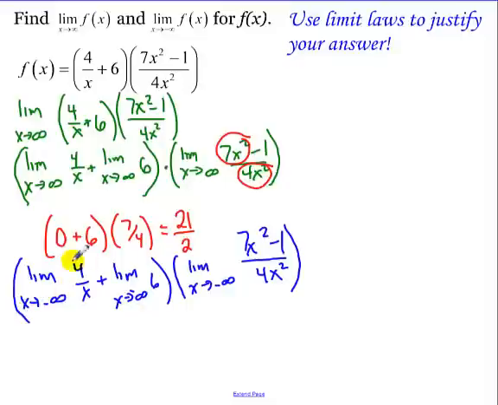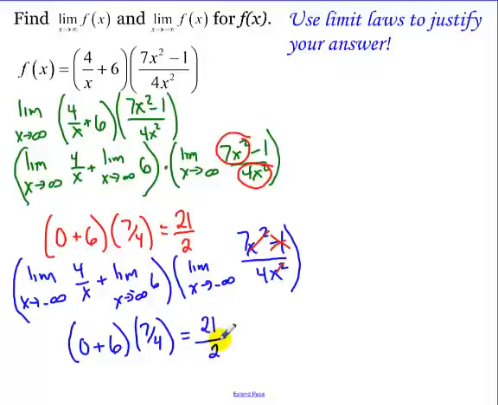Okay, so that first one's going to go to 0. The next one's going to go to 6. Again, look at your horizontal asymptote for this guy. Even though it's negative infinity, because the squareds go away, it's still going to be equal to 7/4, which is going to simplify to 21 over 2.